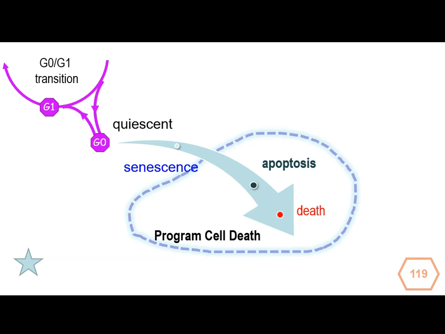It's different. Okay? So you can imagine there are many different mechanisms activated for programmed cell death. At the same time, those mechanisms will affect apoptosis or senescence process. Okay, so programmed cell death is more complicated.